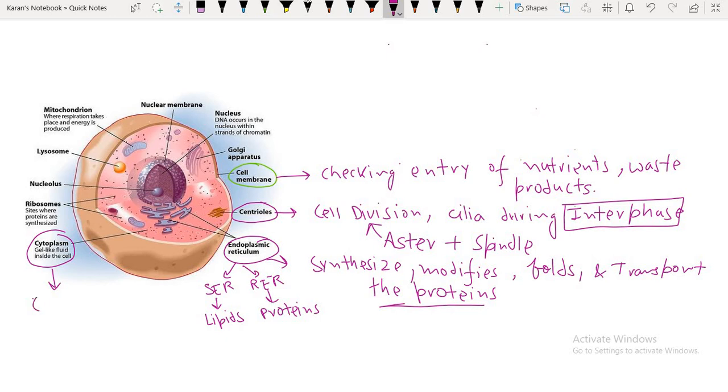Here cellular respiration takes place. Let me just write, cellular respiration takes place in this cytoplasm, and it is where glycolysis occurs, right, which is the splitting of the glucose.